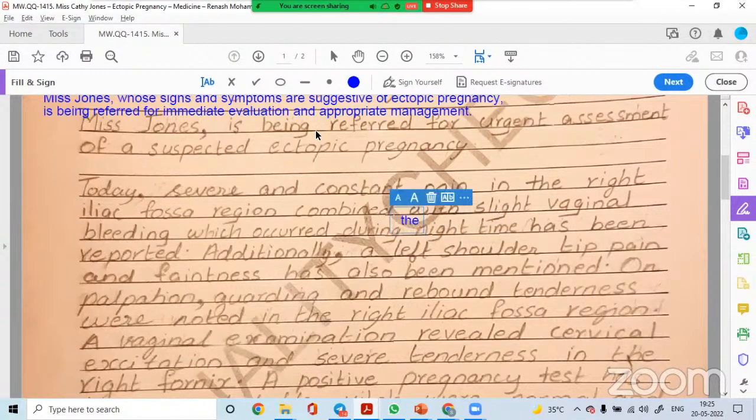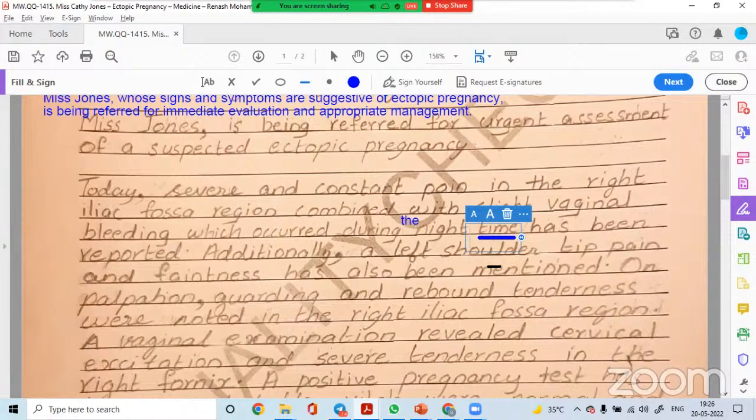During the night, the is a definite article, means the previous night. Time is not necessary. During the night has been reported. Very good. Even if you don't write this, it's okay. Pain in the right iliac fossa region combined with slight vaginal bleeding during the night has been reported. Very good.